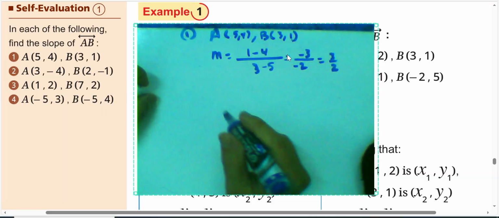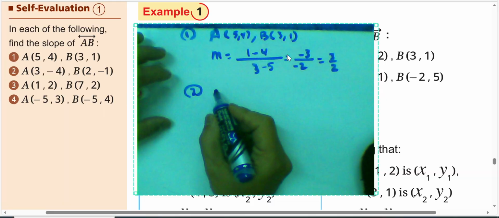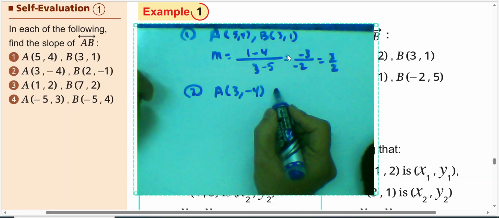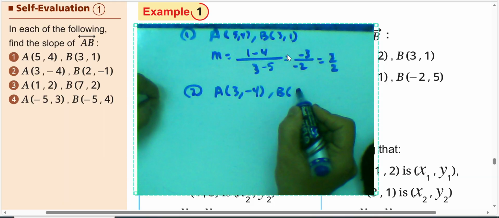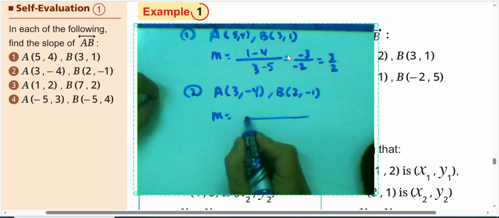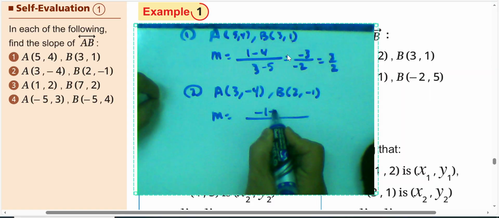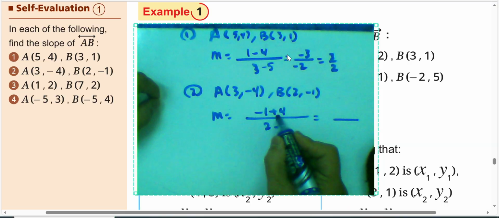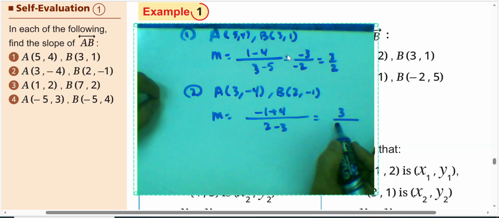Okay, question number 2. Look, he gave me A (3, negative 4) and point B (2, negative 1). The slope will be equal to negative 1 plus 4 over 2 minus 3. Negative 1 plus 4 is 3, and 2 minus 3 is negative 1.